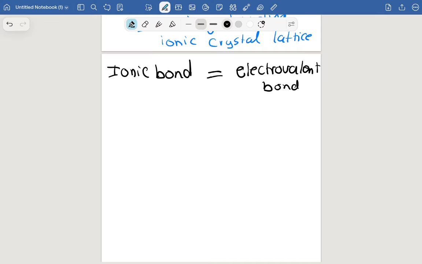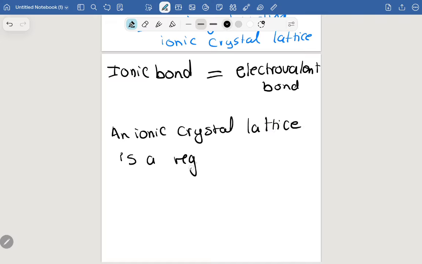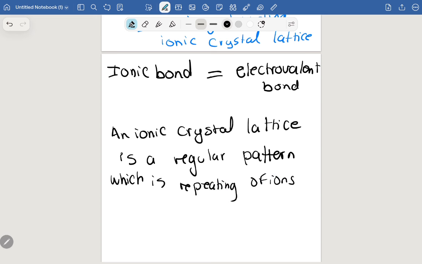To be more specific, an ionic crystal lattice is a regular repeating pattern of ions.